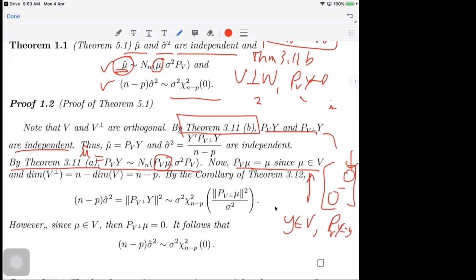That is a result. Then this second part here is automatic and straightforward, but you should be familiar with theorem 3.11a. That is showing that the distribution of the projection of y onto v is also normally distributed with mean equal to the projection of mu onto v and variance sigma squared times the projection onto v.